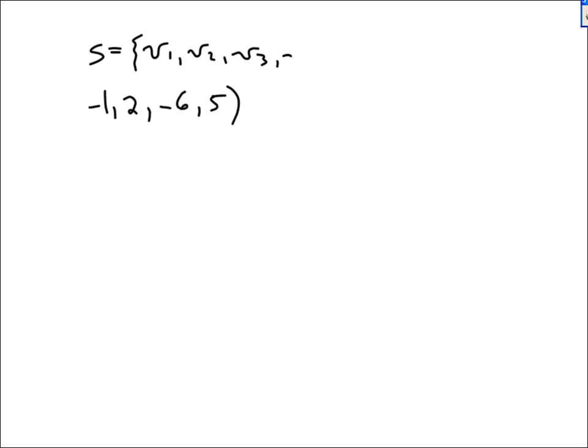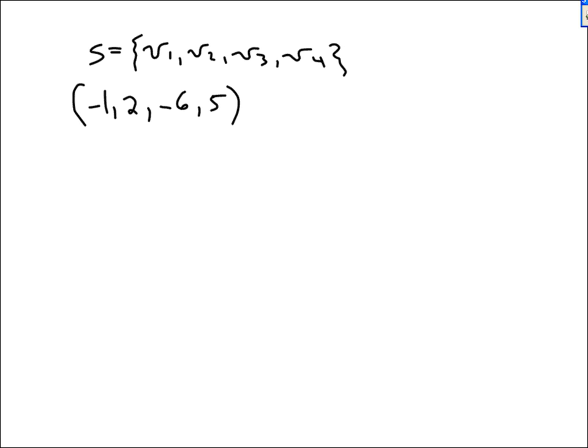Let me emphasize again why it's an ordered basis. We learned that vector V, which was -1, 2, -6, 5. Before I do this, let me write down the basis: V1, V2, V3, and V4. Okay.